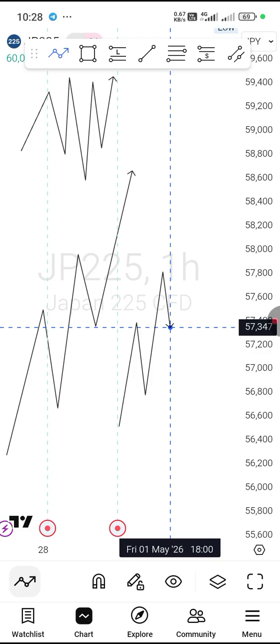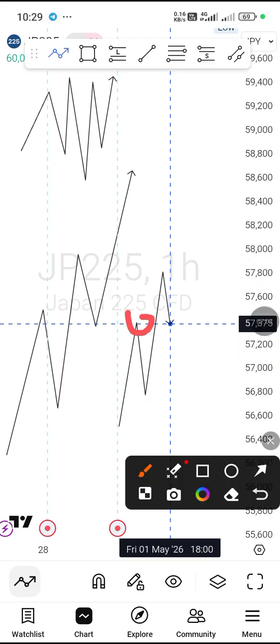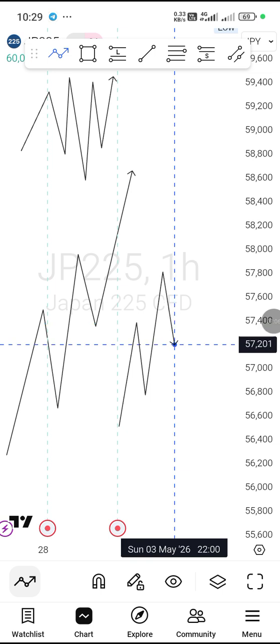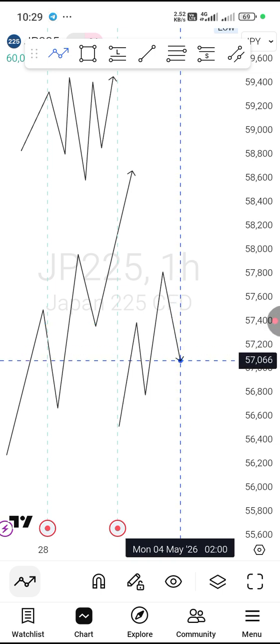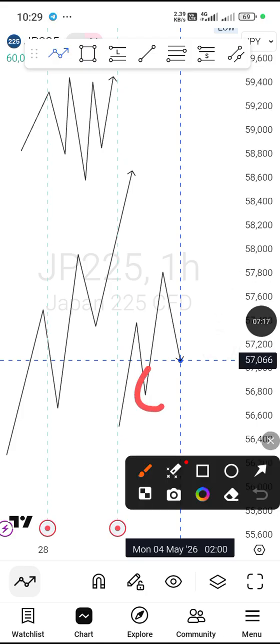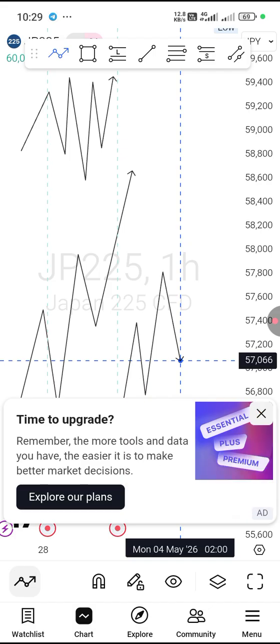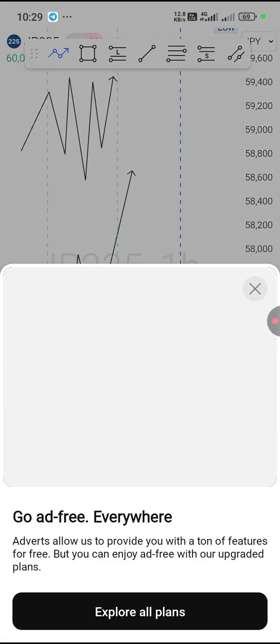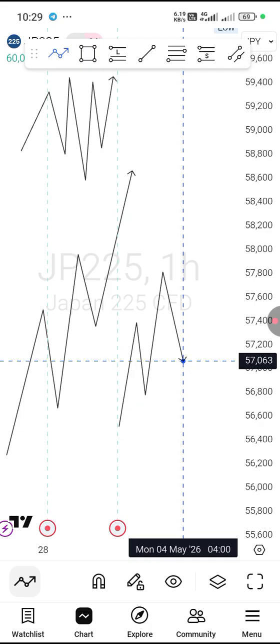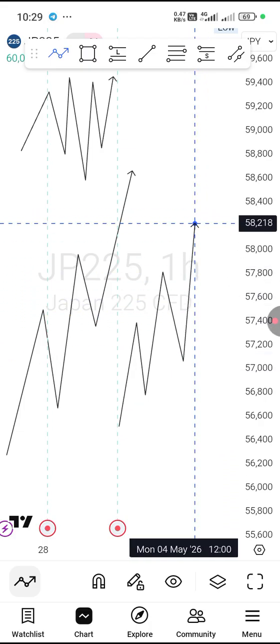Instead of maintaining this level here, you understand, market will just come down, break here, respecting this place, then comes up, moves up here again.